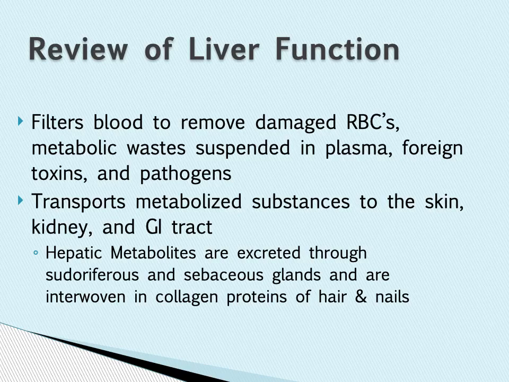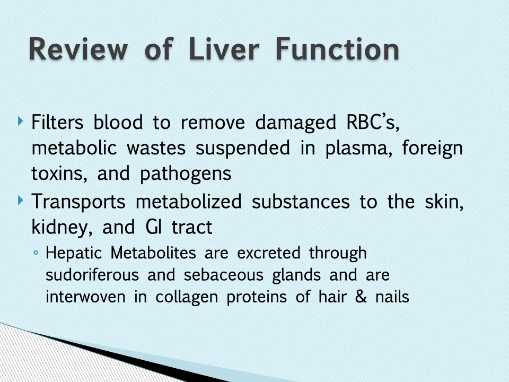All of these metabolites that get formed within the liver will get excreted either through the skin in sweat, through the skin in sudoriferous secretions, in the kidney via urine, or in the gastrointestinal tract, the alimentary canal, via bile secretions.